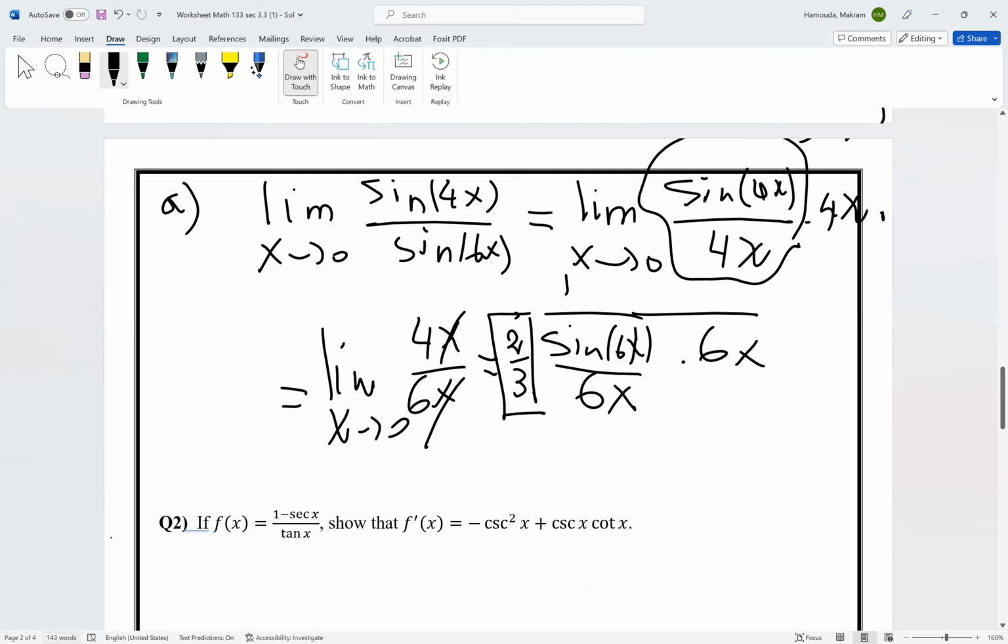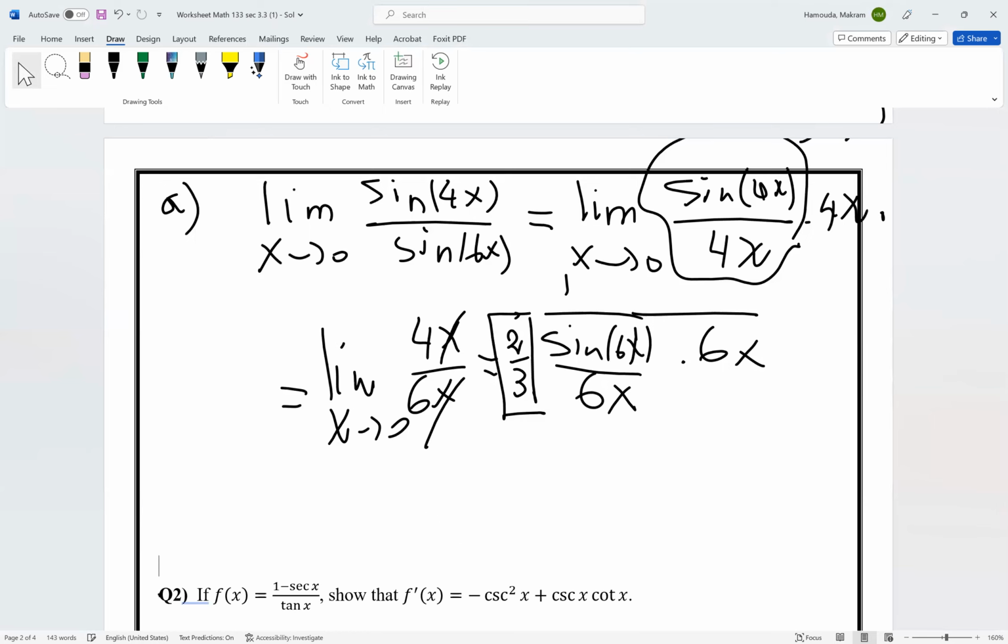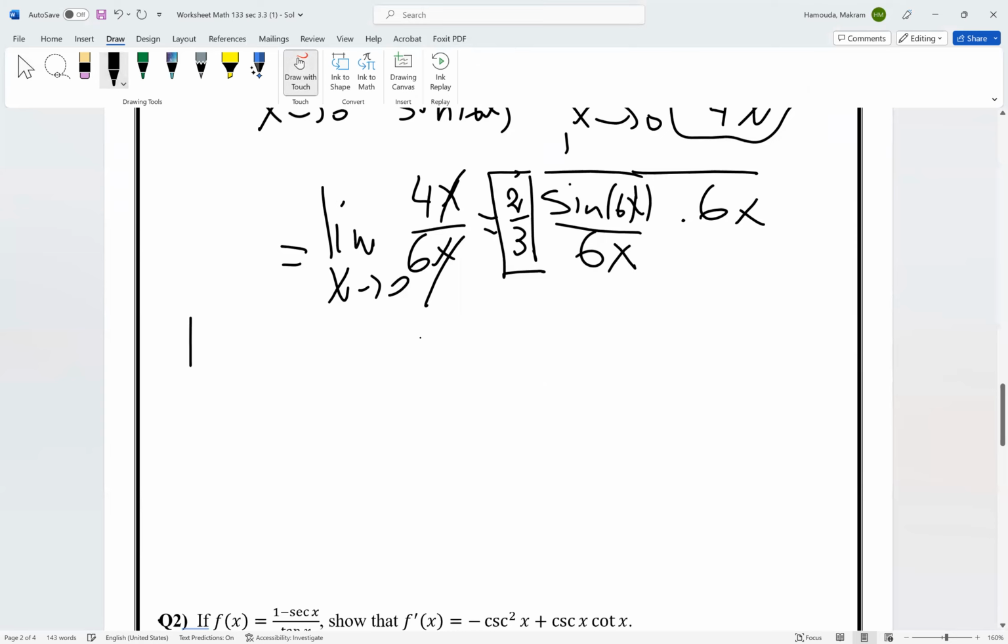So the limit for B, the limit of 1 minus cosine x over x squared when x approaches 0.